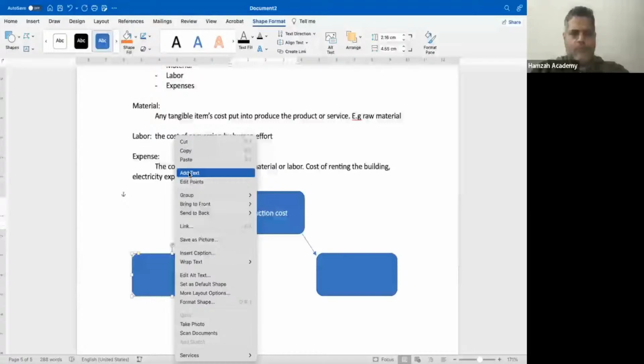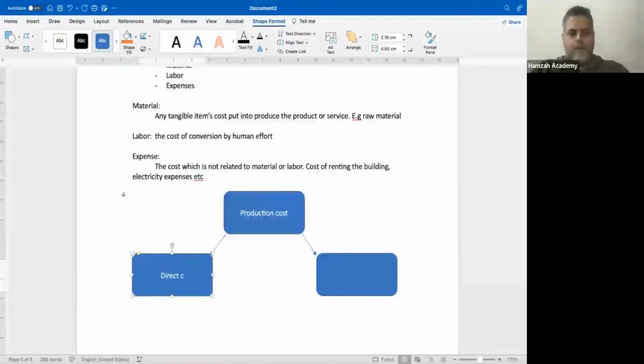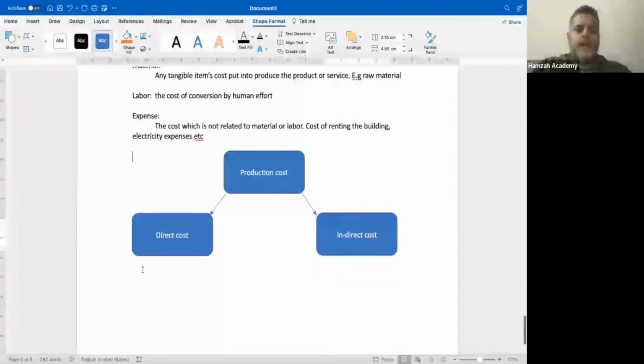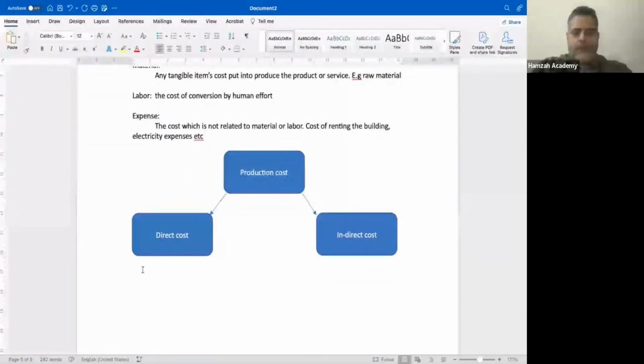This is the direct cost. Then this is the indirect cost. Basically, production cost is technically segregated between the direct and indirect cost. In the direct cost, we are going to have direct material, direct labor, and direct expenses.